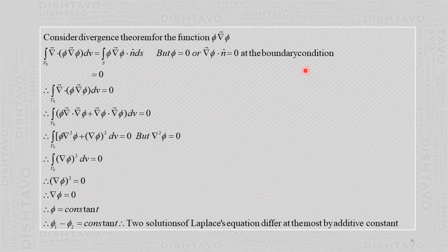If the two are the solutions of the given Laplace equation, then each one will also be a solution. So phi 1 minus phi 2 equal to 0, that is phi 1 equal to phi 2. So since this is 0, this part is 0. So we get volume integral of del dot phi grad phi dv equal to 0.